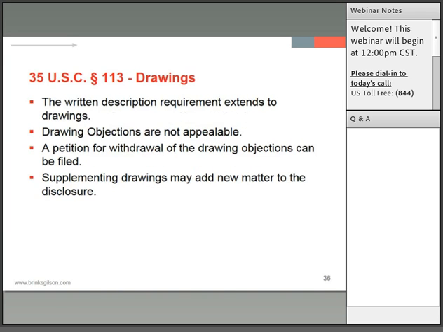So here, the thing is, it is very hard to find decisions on drawings because drawing objections are not appealable. That means you will not see it in decisions of the Board of Appeals or the Federal Circuit, and it's a petition that can be granted or rejected.